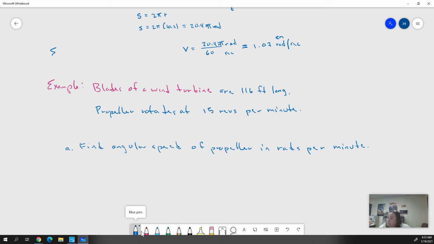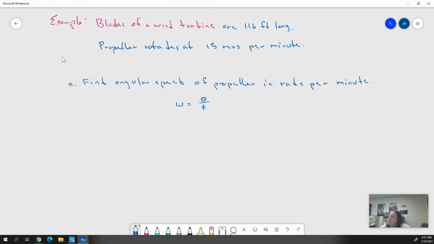Which means that we're going to be using w as our angular speed equals theta over time. And part B, we want to find the linear speed of the tips of the blades.